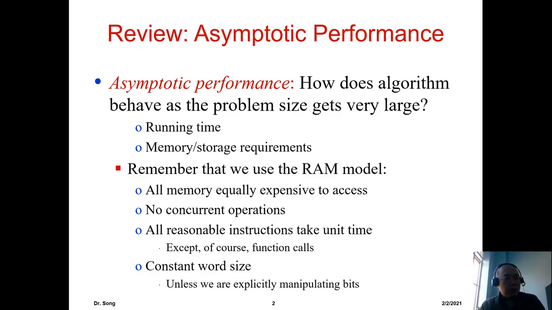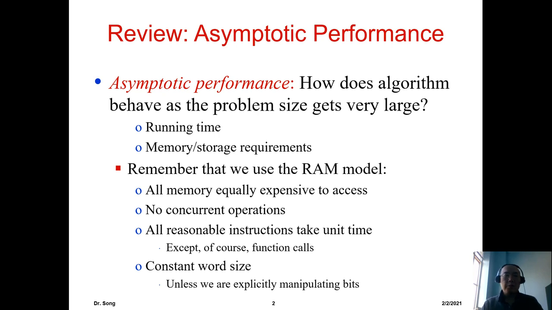That's not true. If you were in a computer architecture or operating system course, you may know there is also a memory called cache, and the cache is smaller and faster than our main memory. But when we are discussing algorithm complexities, we just assume that all the memories are equally expensive.